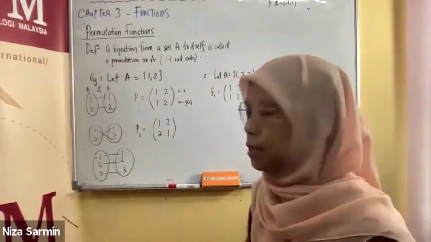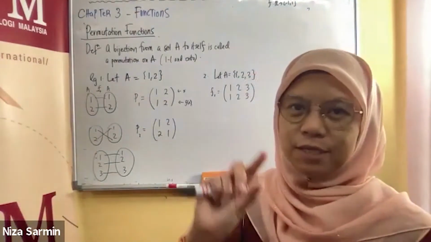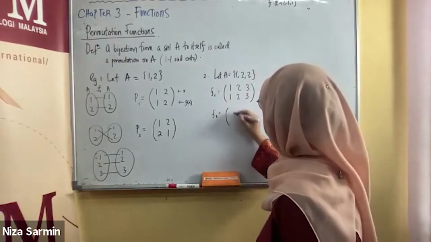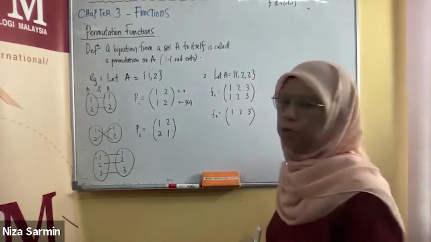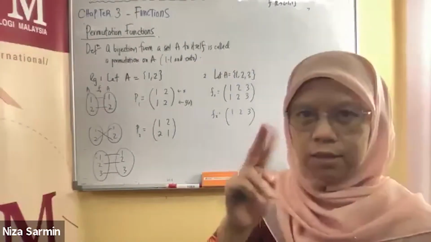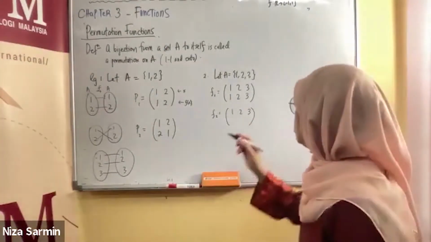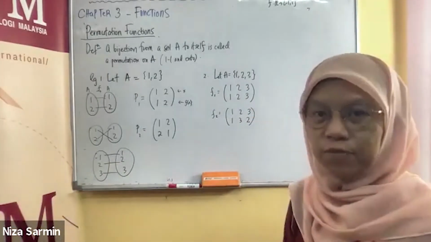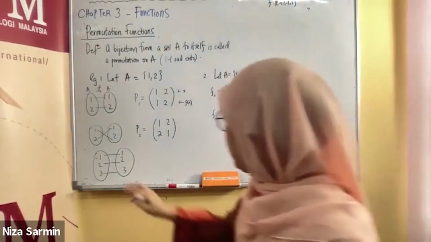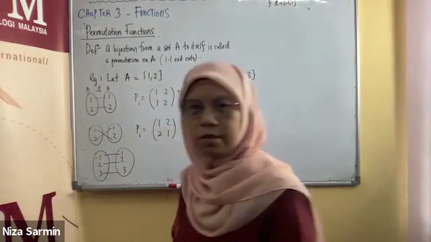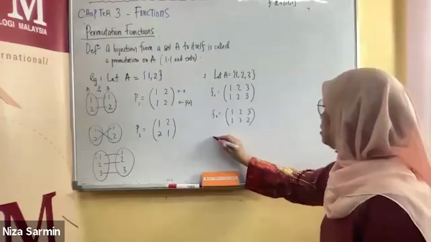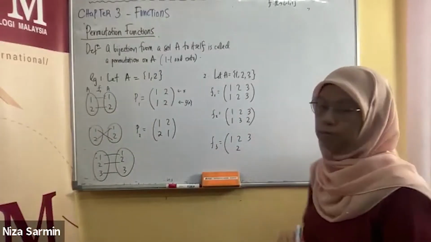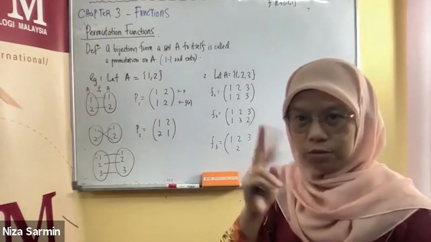The next one, you fix one, change the other one. I fix one. This is still 1 to 3. I fix one, I switch the other two. So 1 goes to 1, 2 to 3, 3 to 2. Still 1 to 1 and onto, right? The third one, I fix 2. And then you switch.